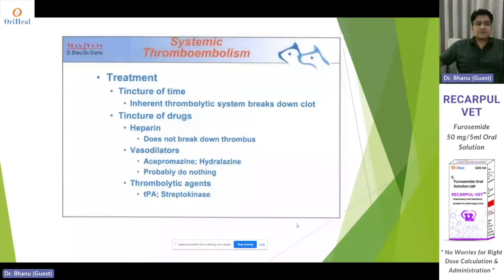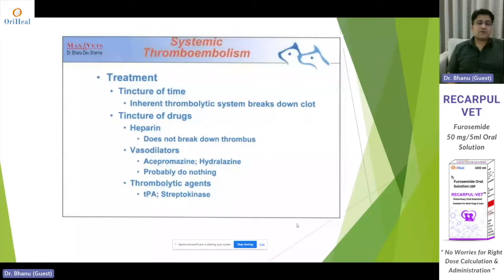Unfortunately, those cases didn't really survive, or I had to euthanize, because almost all of those cases came to me at a much later stage. They came to me after almost 24 hours, and by that time, the chances of recovery become very bleak. But if the cat comes to you immediately in the first 6 hours, you can try heparin, you can try streptokinase injections.